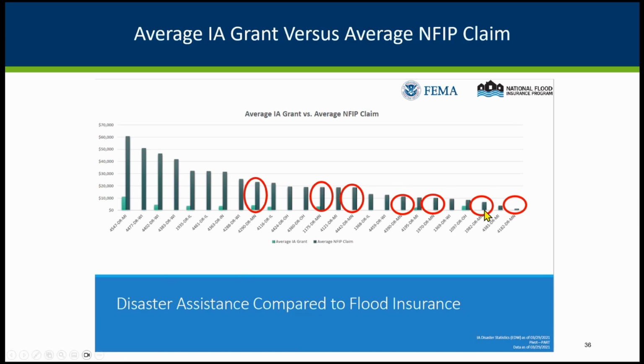These red marks are showing Minnesota disasters. Some of them you don't see a teal color showing the average individual assistance grant. A lot of them don't show any because even though we might have had a disaster declaration, we didn't get individual assistance declared. And in the years where we did have individual assistance, it's much smaller than the average flood insurance claim.